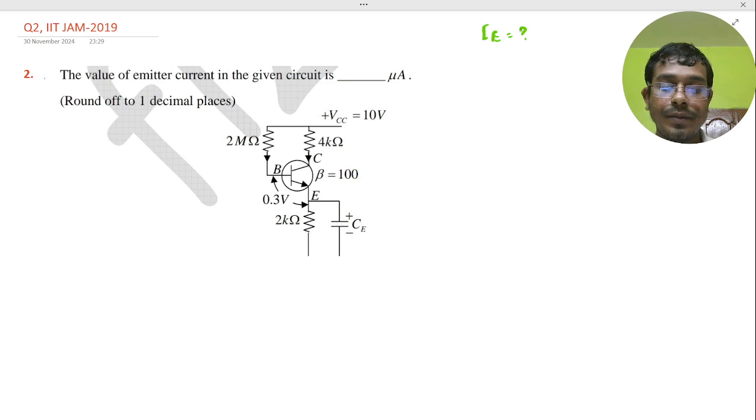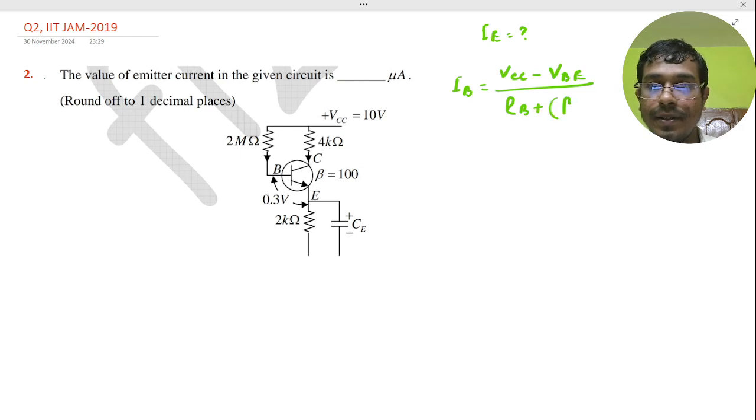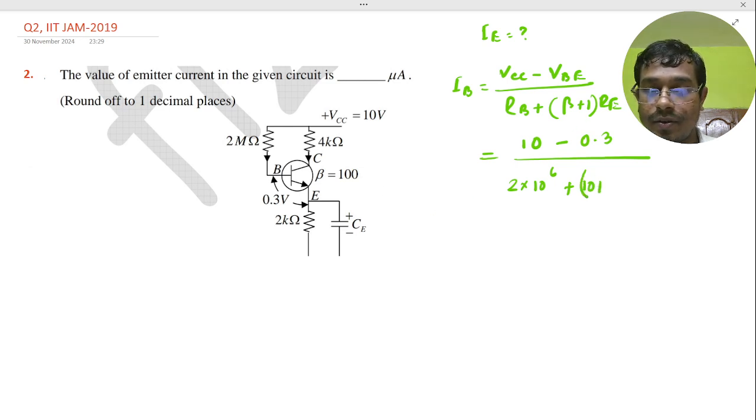Basically the relation we derived by mesh analysis, applying KVL, is IB equals VCC minus VB divided by RB plus beta plus 1 times RE. That becomes 10 here, and VB is 0.3, this is given, 0.3 volt, divided by 2 into 10 to the power 6 plus beta plus 1, where beta is nearly equal to 100, so 101 into 2 into 10 to the power 3.